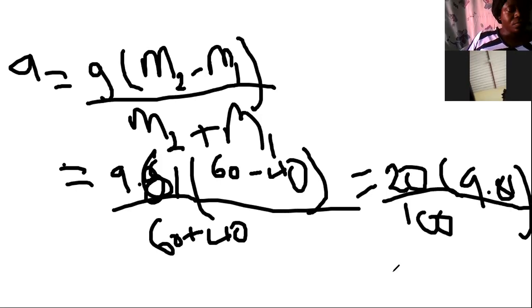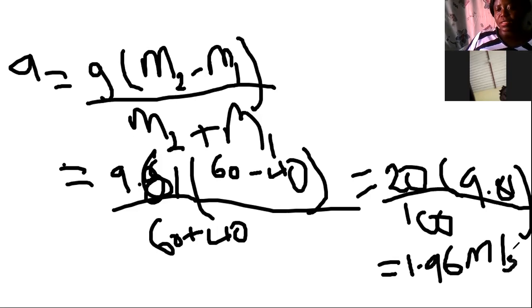What do you get? What did you get? 1.96. Okay, so I'm now typing 1.96 meters per second squared. So we found that our acceleration is equal to that.